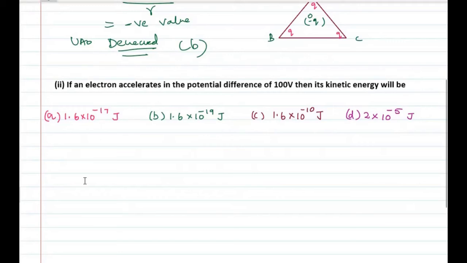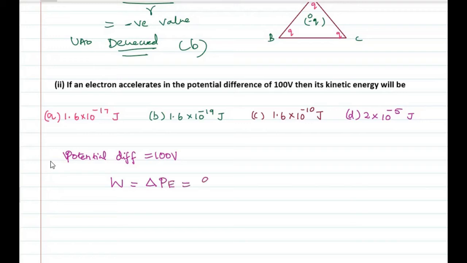Now, if an electron accelerates through a potential difference of 100 volt, then its kinetic energy will be? Work done will be equal to the change in potential energy, which is equal to charge multiplied with potential difference.